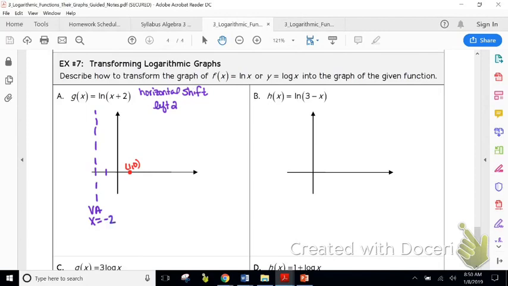And that point's not going to be at 1, 0. It's going to move to the left 2. So where's it going to be? At negative 1, 0. And your graph's going to look the same. I want you to label the point and the asymptote on it, okay?